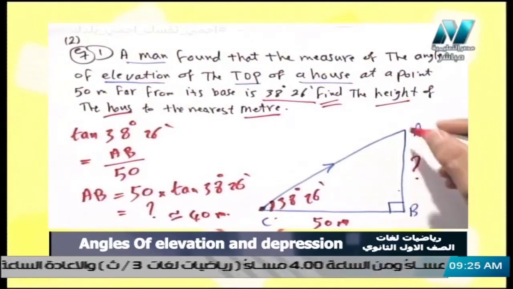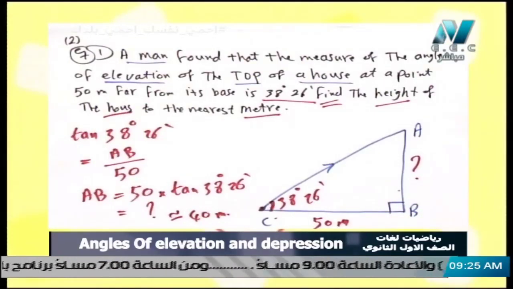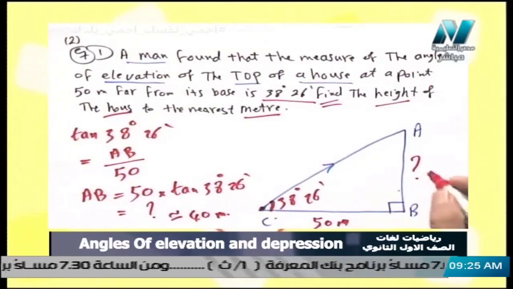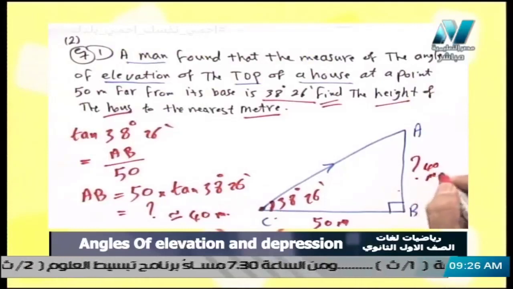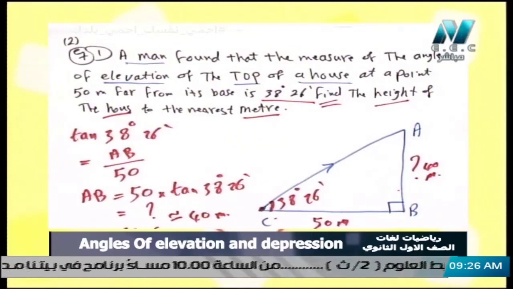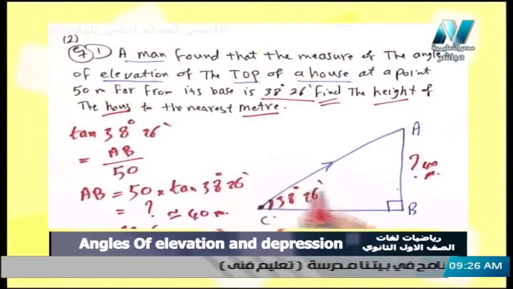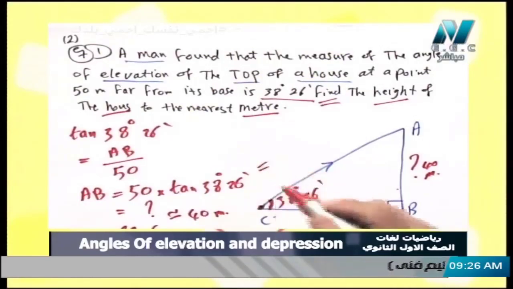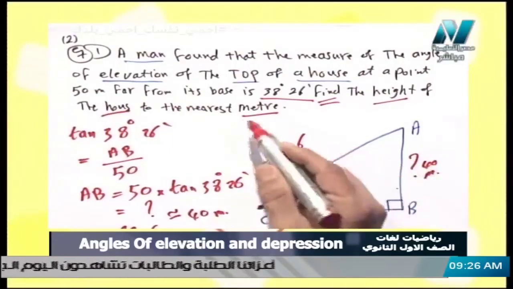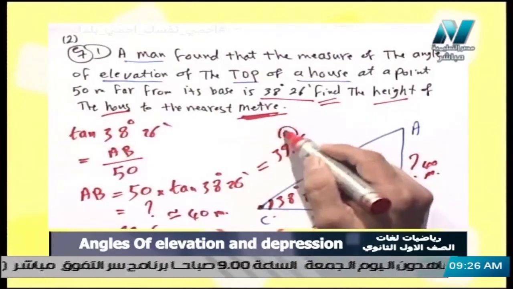So the answer equals 40 meters. So the height of the house AB here equals 40 meters. It's really 39.6 and something else. To approximate it to the nearest meter, we look at the digit 6.